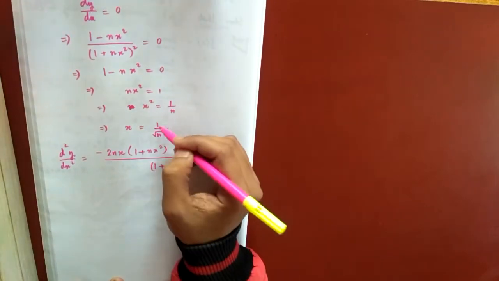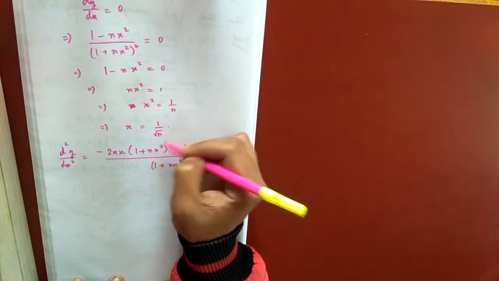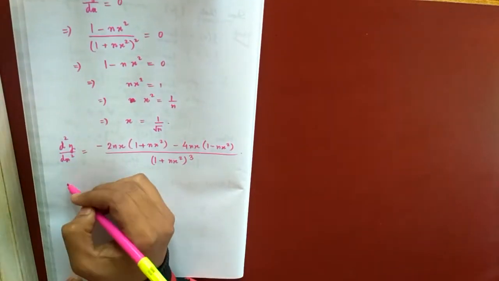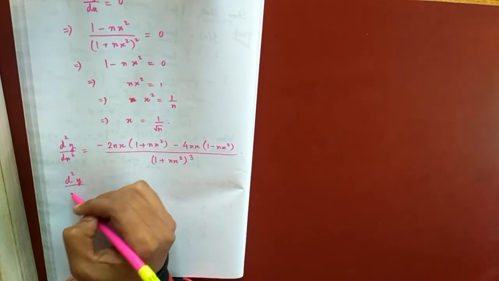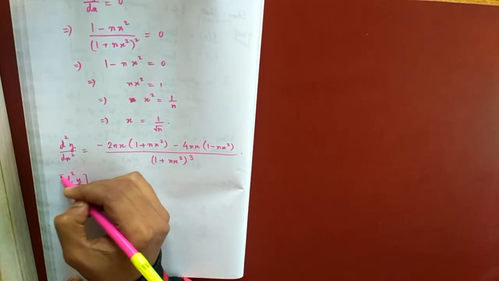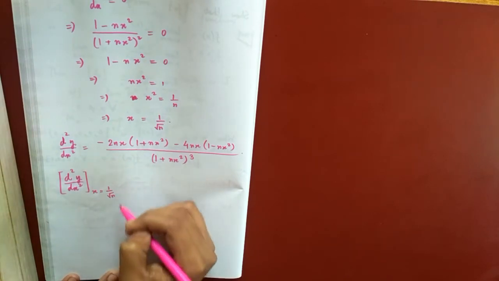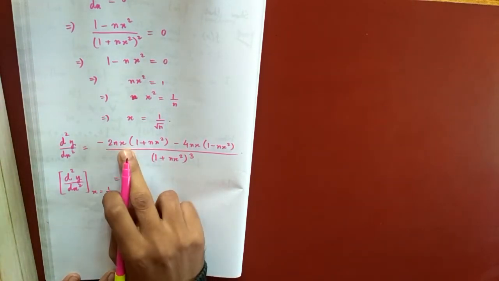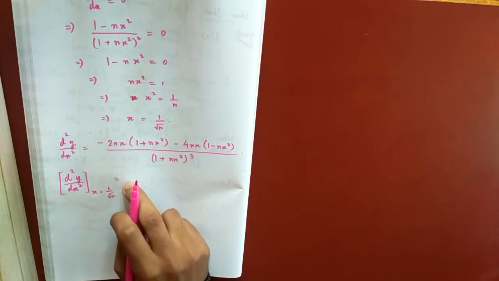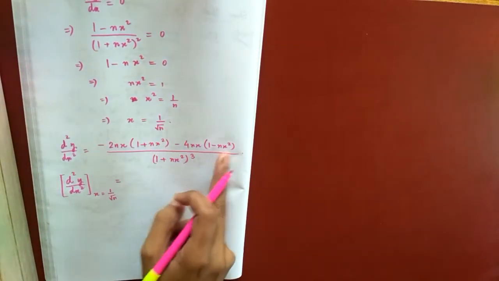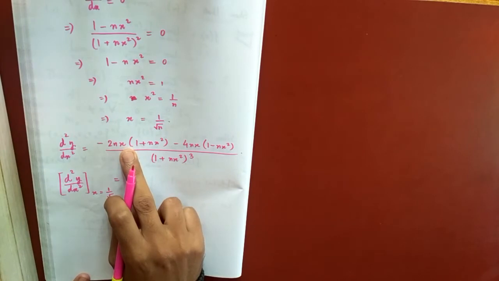So to verify whether this is the point of maxima or minima, I have to check the sign of the second order derivative. I will check the second order derivative at x equals 1 by root n. Whenever there is x, you put x equals 1 by root n.